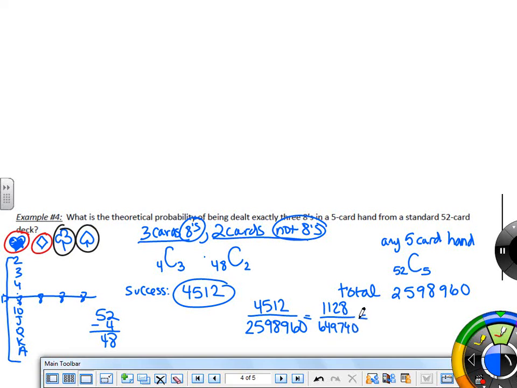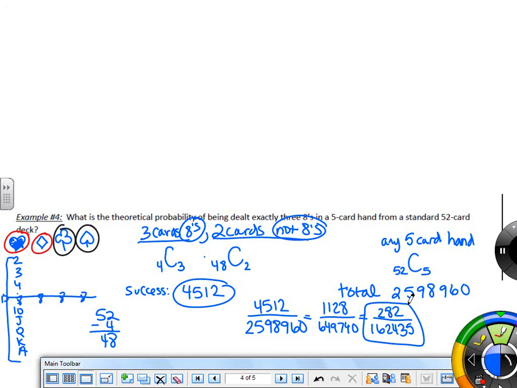And then you can see they're still divisible by at least an even number. So again, they're both divisible by 4. 162,435. Obviously, you guys can do this faster by yourself, without writing it out. Okay, but those aren't going to have any common factors, and so that would be my final probability.